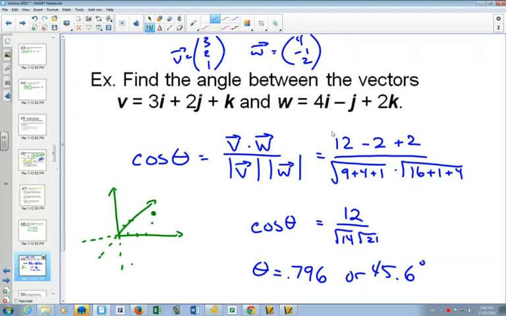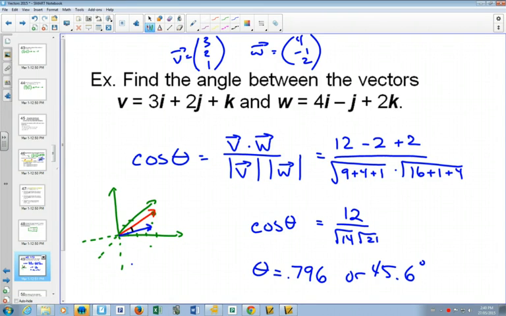That would be that vector. And 4, negative 1, 2. So 4 to here, negative 1 would get us back to there. And then up 2. 4, negative 1, 2 would be that vector. And we were able to figure out what this angle was in between those two.